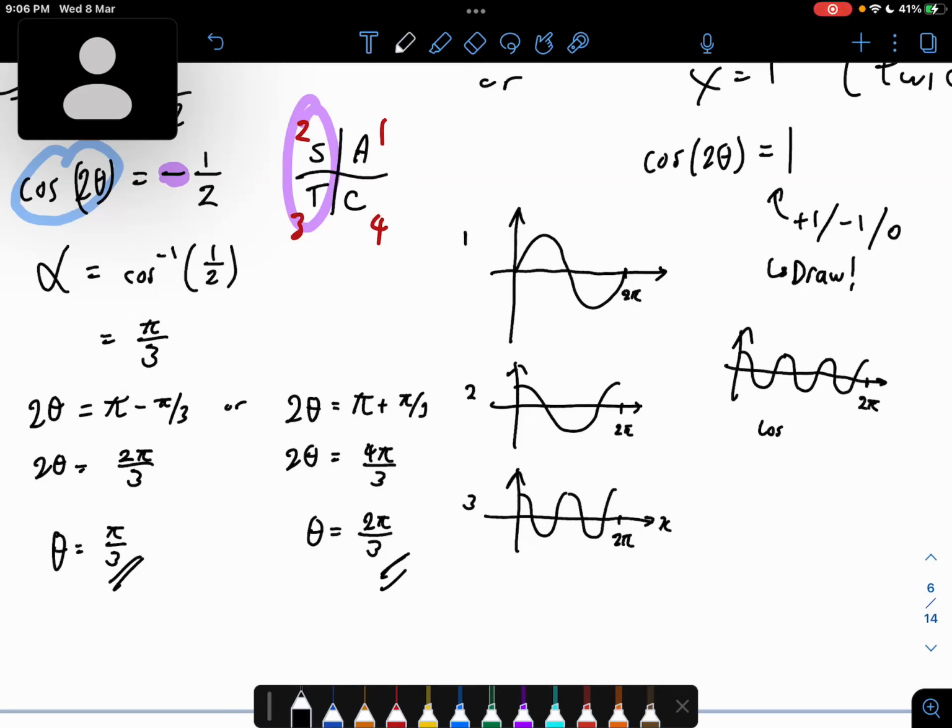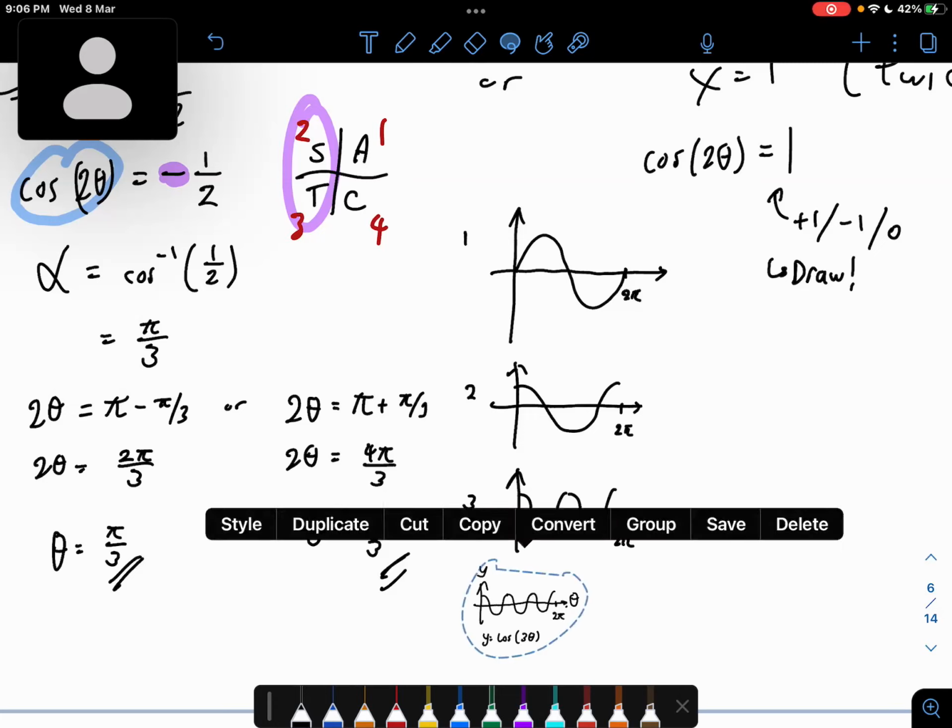This is cosine of 3 theta. If this is theta axis, this is y axis. y equals cosine 3 theta. Makes sense? The coefficient tells you how many repetitions there are from 0 to 2 pi, 360 degrees. Yes, the correct answer is option 3.